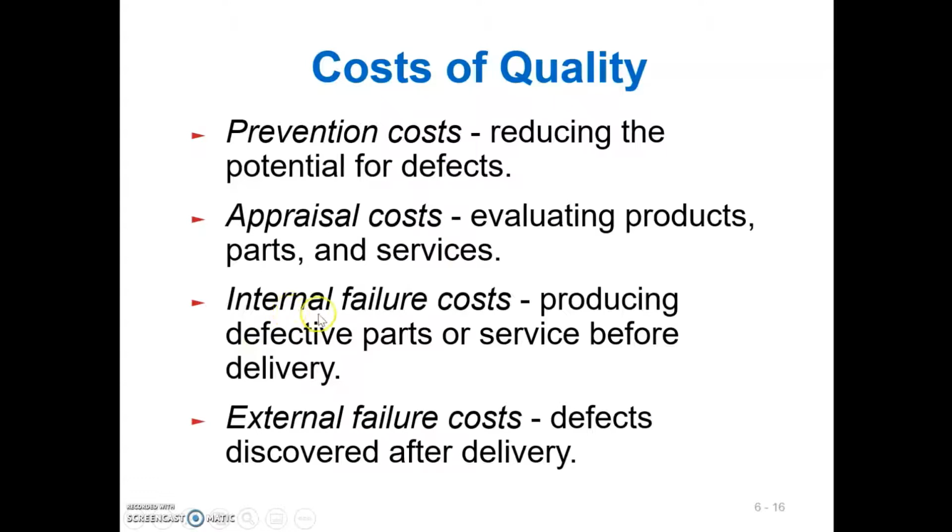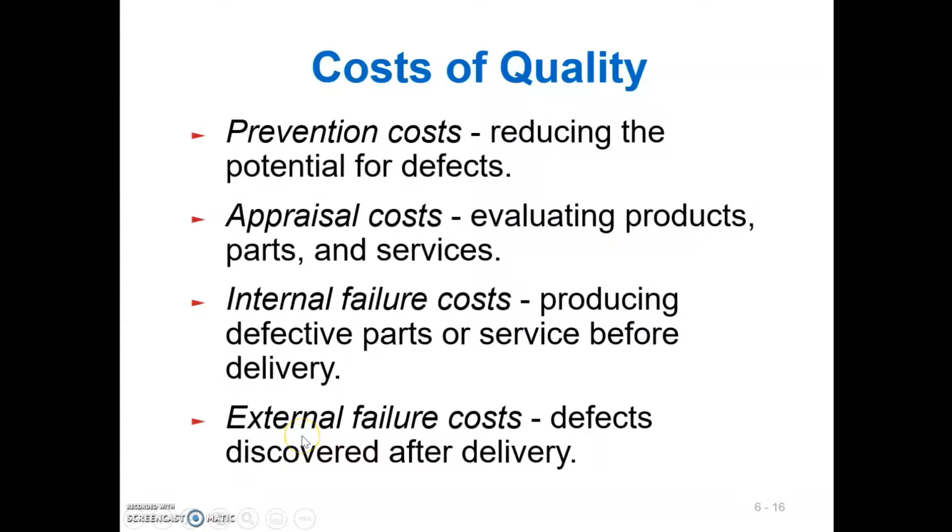Third is internal failure costs, where we produce defective parts or service before delivery. So when this happens, we need to make sure that we are able to fix the product, or if not, we need to dispose the product. So it's an internal failure cost.